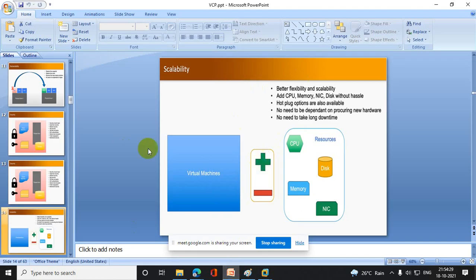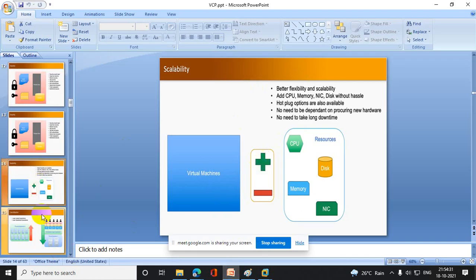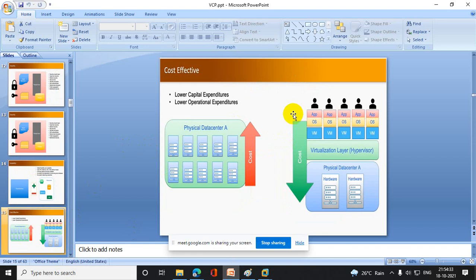Perfect. So next is what? Next is cost effectiveness. We discussed this in a couple of slides. So now you can understand that every IT company goes with cost. You are a very efficient engineer with good knowledge, but will your manager increase your salary two times in a year?